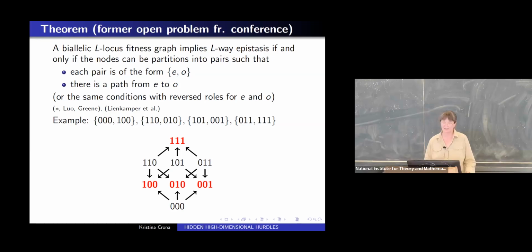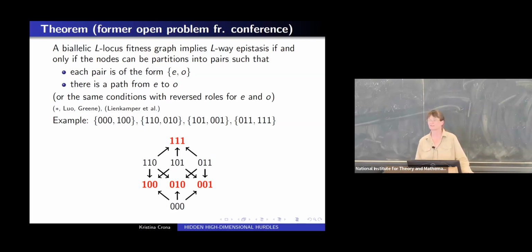So in this case, we can pair them so that the wild type is higher than... Oh, have I reversed the thing? Okay, here the odds are obviously above the evens. Yes, the odds are above the evens. And that is sufficient and necessary.